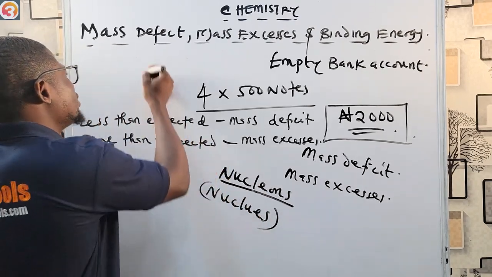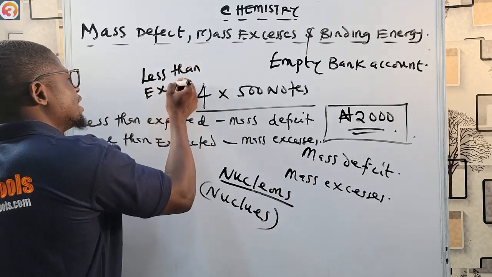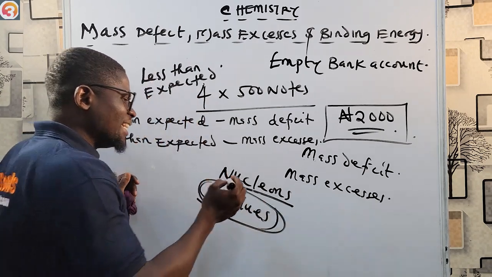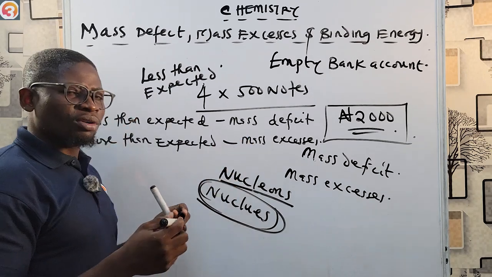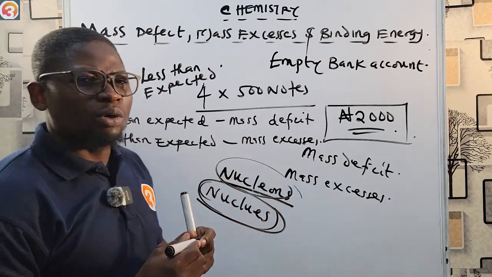In that case, we are seeing less than expected. So we are getting a mass of the nucleus that is less than we expected to see according to the subtotal of the nucleons in this nucleus.